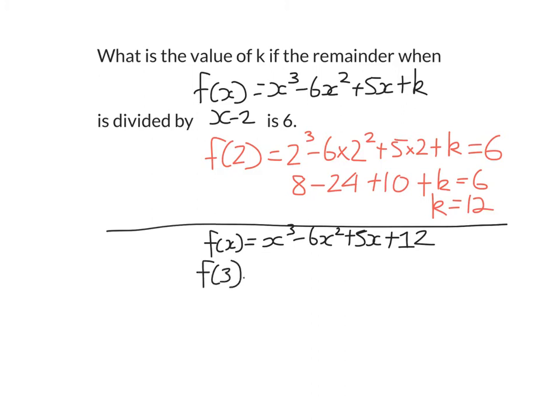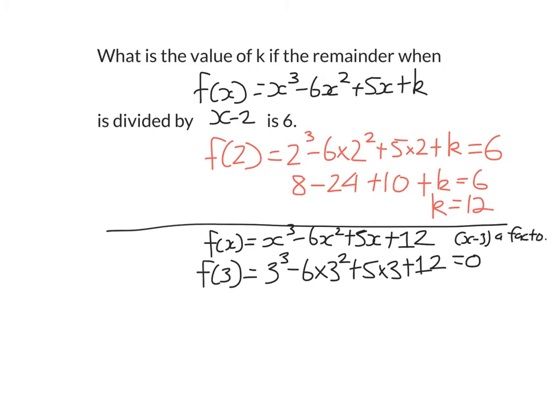If I substitute 3 for x, I get 3 cubed minus 6 times 3 squared plus 5 times 3 plus 12. Putting that in my calculator, I get 0. Because f of 3 is equal to 0, this means x minus 3 is a factor.